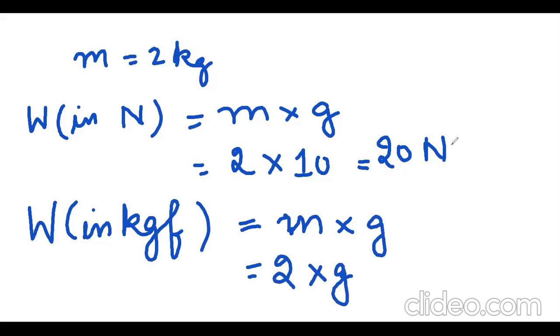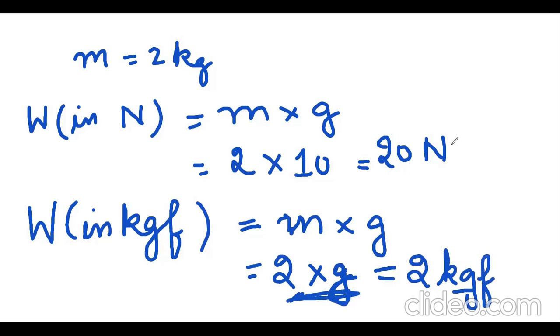No need to put the value of g. And now you can directly write down the answer in kilogram. Mass was 2 kilogram. G is acceleration due to gravity, so it becomes kgf. 2 multiplied by g is, if you don't put the value of g, the answer comes in kgf. If you put the value of g, the answer will come in newtons.